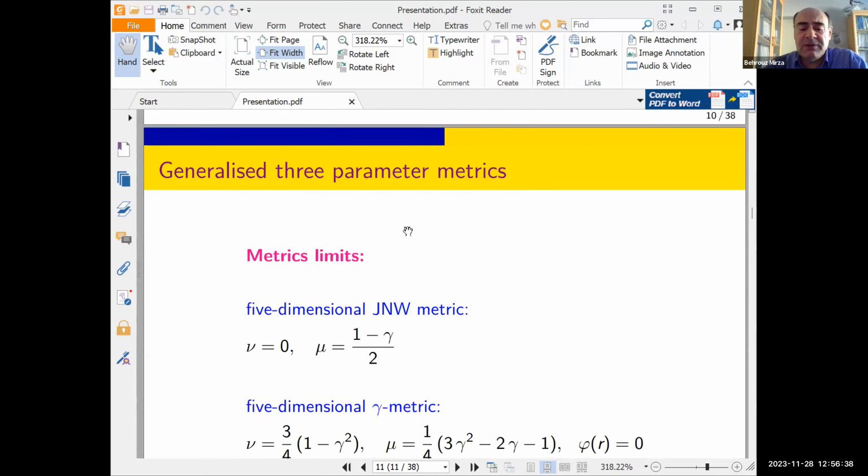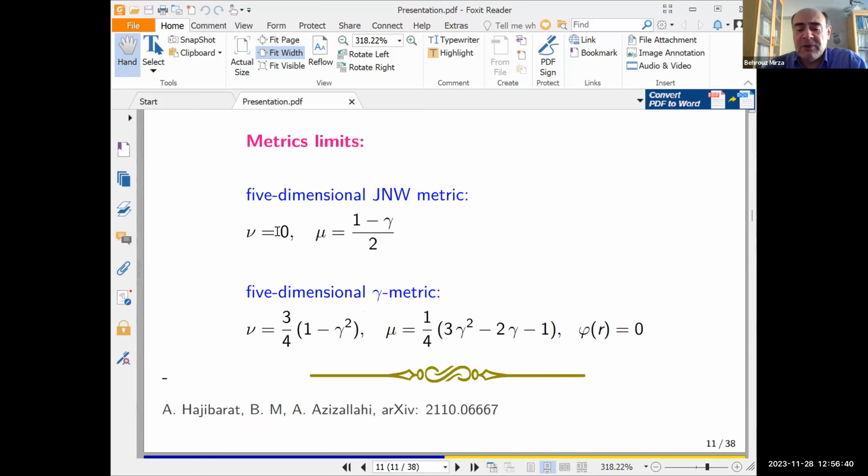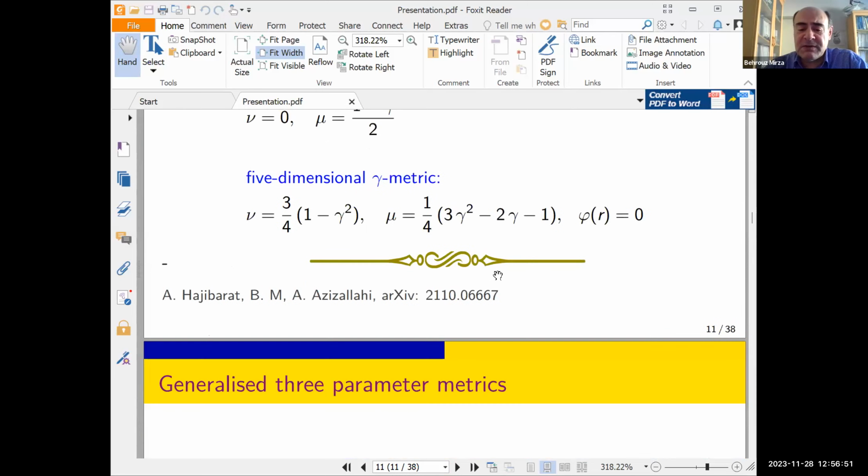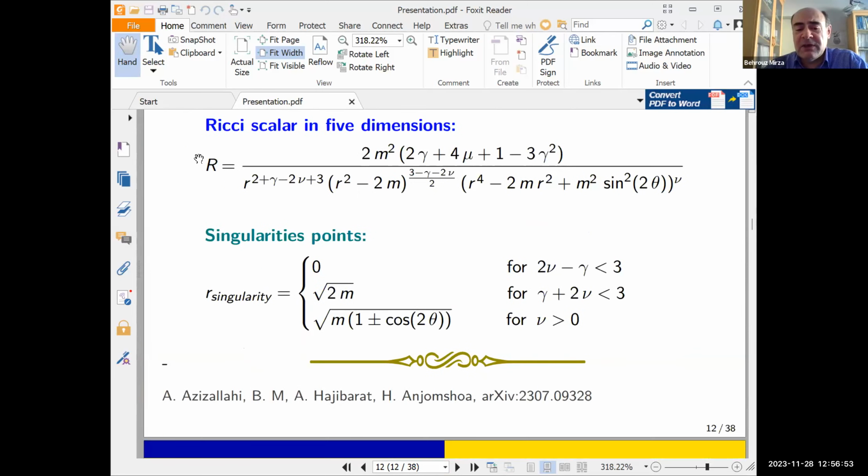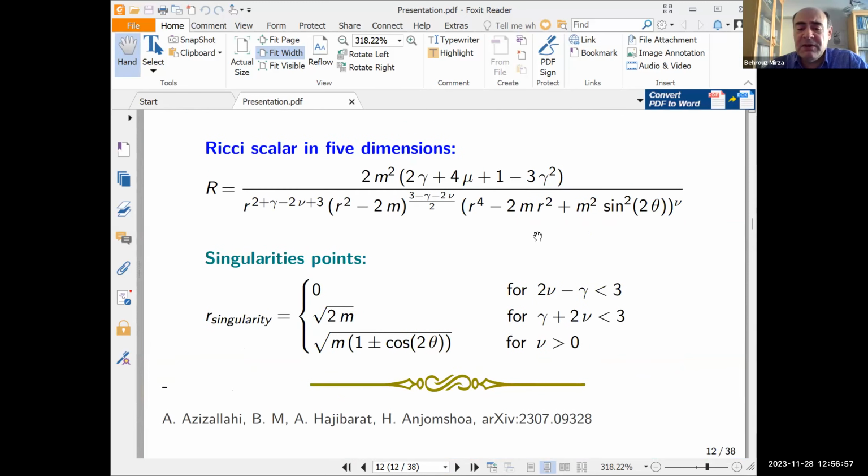This 5-dimensional metric can also be reduced to the JNW metric in 5 dimensions and the 5-dimensional gamma metric, and you can find more details about this reduction in this paper. Again, we can find the Ricci scalar for this 5-dimensional metric, which very simply gives us all singular points.